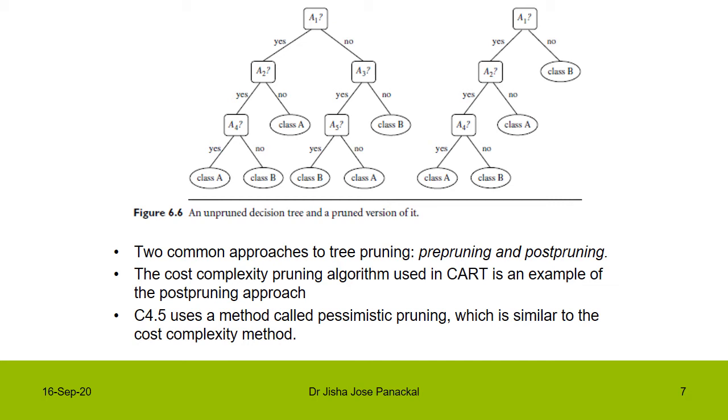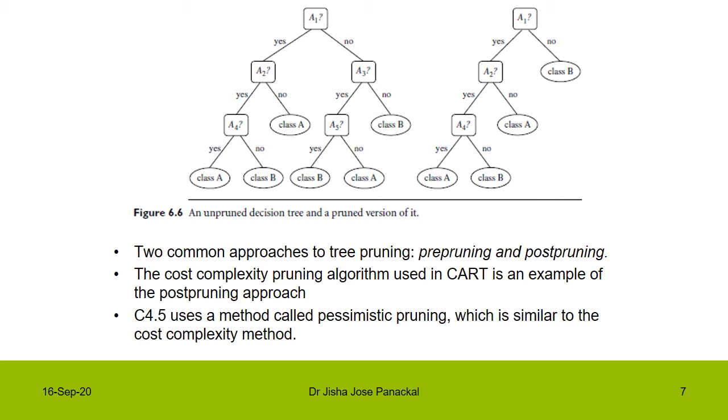There are two common approaches to tree pruning. We are not going into the depth of this. There are two techniques called pre-pruning and post-pruning, and different algorithms use different approaches. The cost complexity pruning algorithm used in CART is an example of the post-pruning approach, and C4.5 uses a method called pessimistic pruning, which is similar to the cost complexity method.